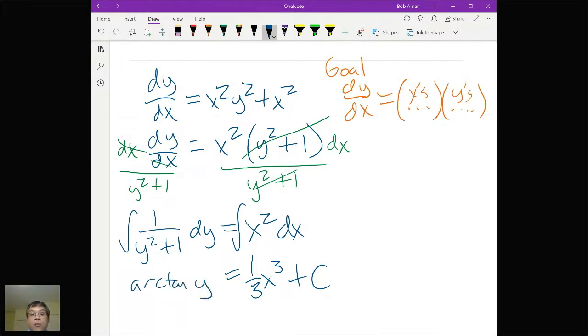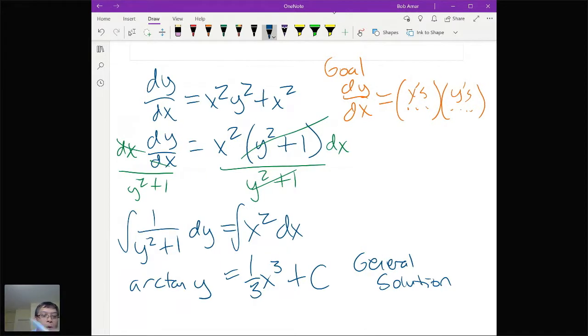Now, because this is a general solution, that means that this is an expression that doesn't have a dy dx in it that could be solved for y if I had to. I will say that a general solution in general, because we don't know any more about it, we can stop without isolating y.